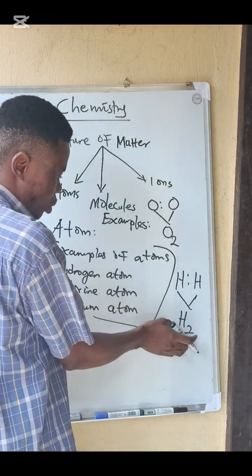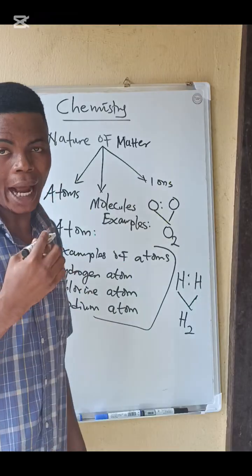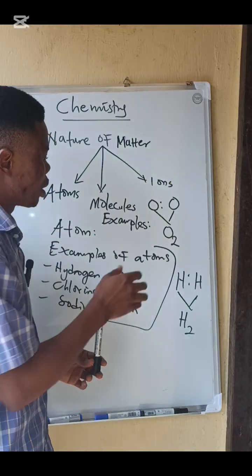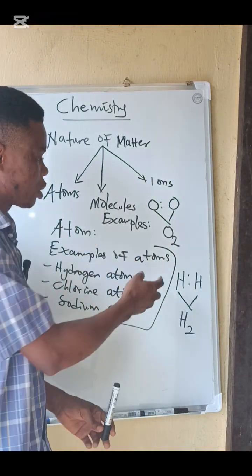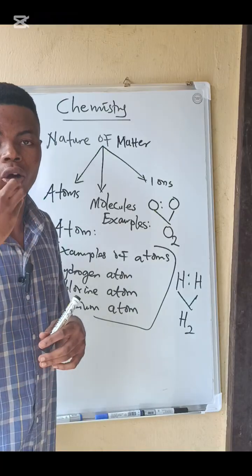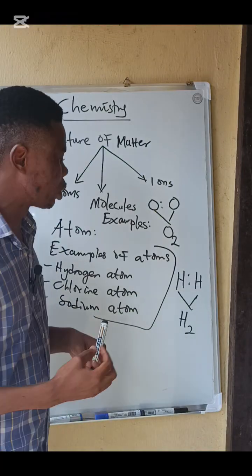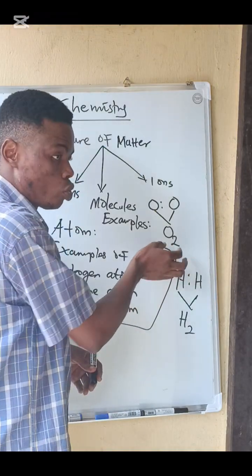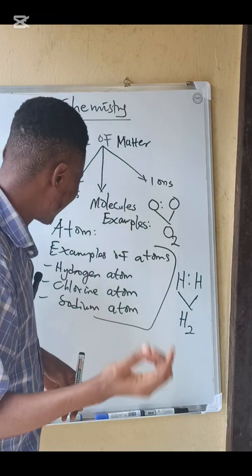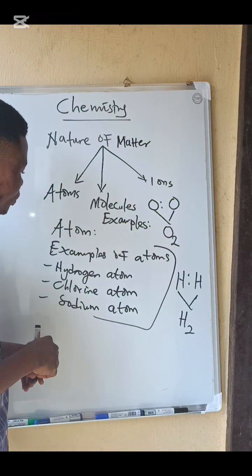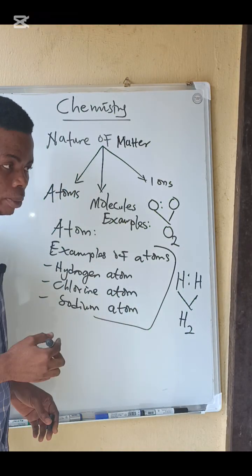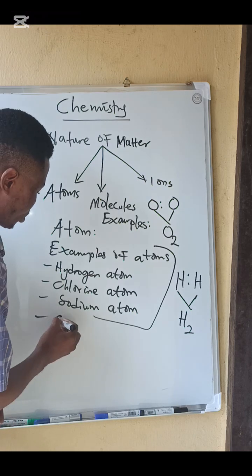And this H2, in this case, we call it hydrogen molecule. O2, in this case, we call it oxygen molecule. But when you don't have this subscript 2, but only O, in that case, we call it hydrogen atom or oxygen atom.